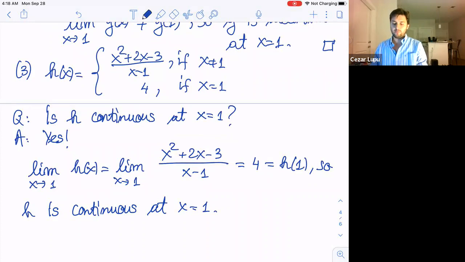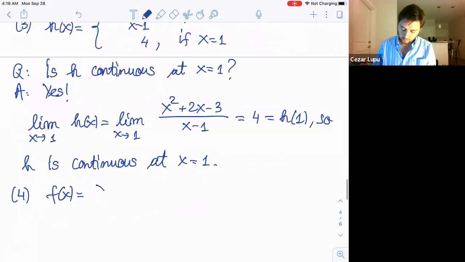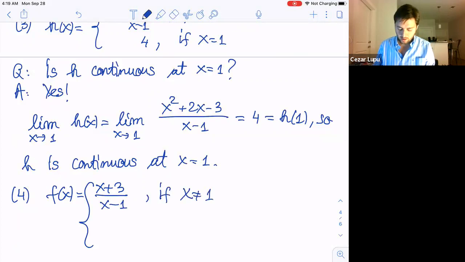Now let's see another example of a function, example number 4. Let's just take f of x to be x plus 3 over x minus 1 if x is different than 1, and 4 if x is 1, again a piecewise function.